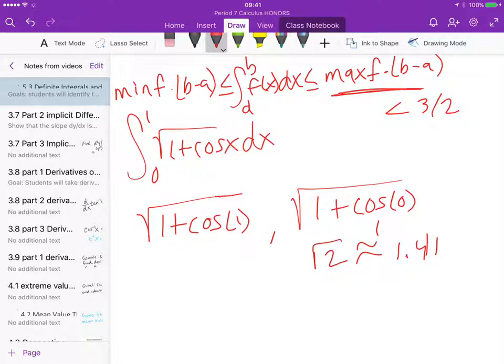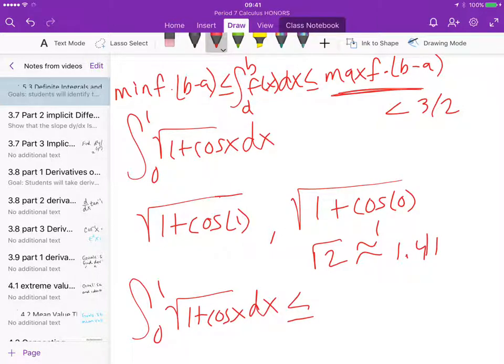And so if the square root of 2 is my maximum, by our max and min inequality rule, we know that the integral from 0 to 1 of the square root of 1 plus cosine of x dx will definitely be less than or equal to the square root of 2 times 1 minus 0, right? There is our b minus a.